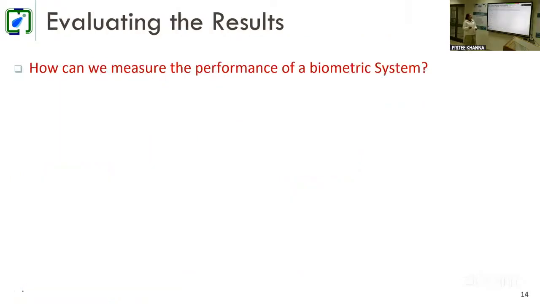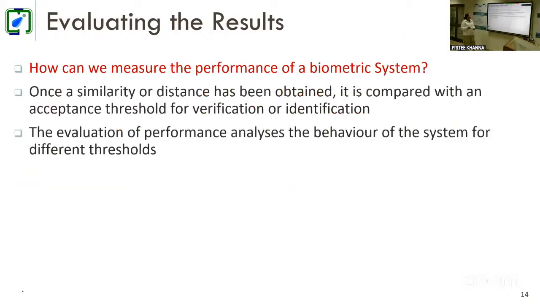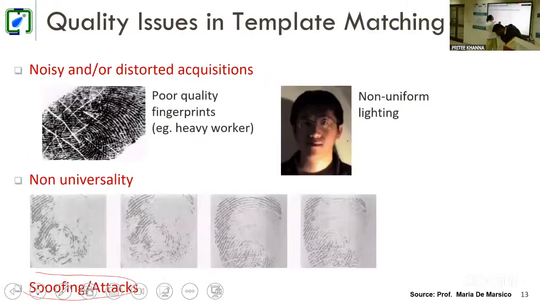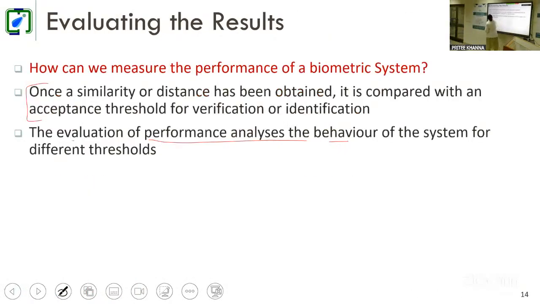Now the question comes: how are we going to evaluate that? How can we measure the performance of the biometric system? When we calculate the distance between the stored template and the runtime template, we get a matching score. But when we do performance analysis, we need to analyze the behavior of the system for different thresholds.